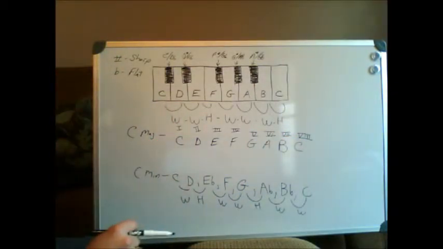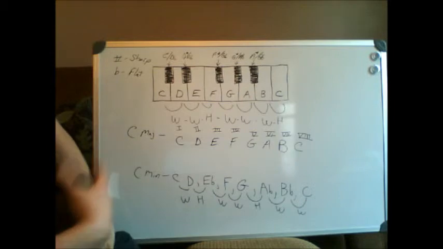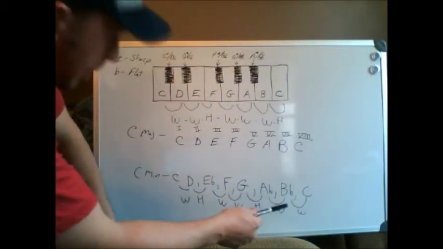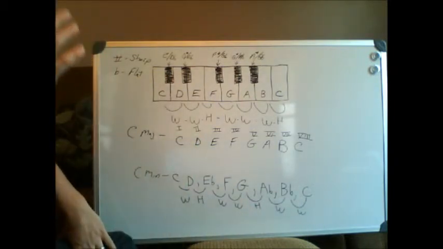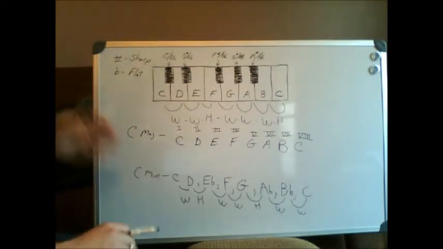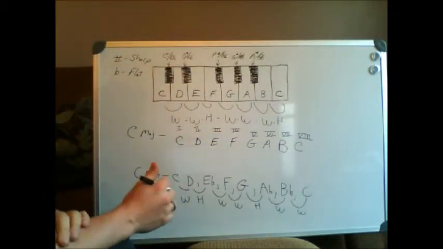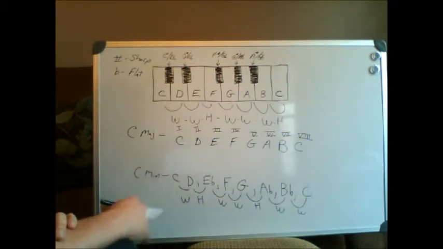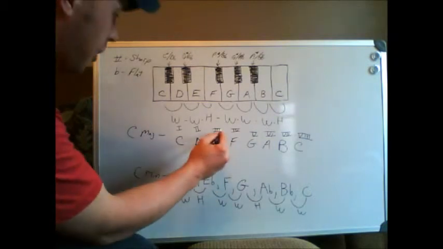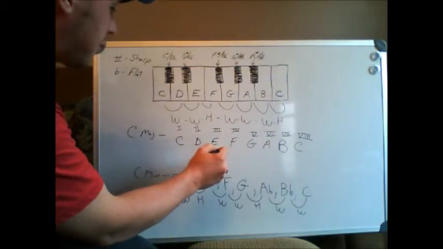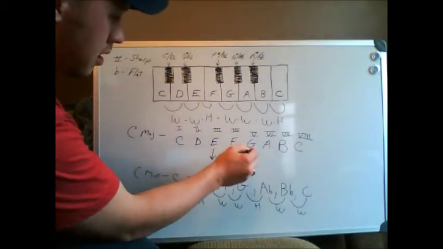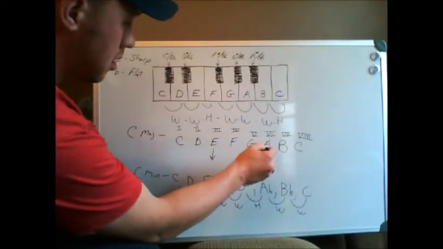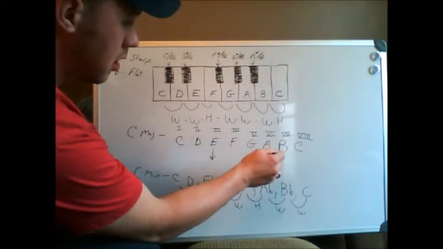Okay. So when you're building a minor scale, you have a different step process, obviously. But a quicker way to remember it is you can remember those steps and work through it to start out with. But if you know your major scale and you know how to build a major scale quickly, when you're building a minor scale, your 3rd, your 6th, and your 7th are all flat.